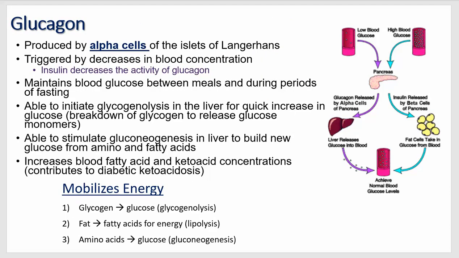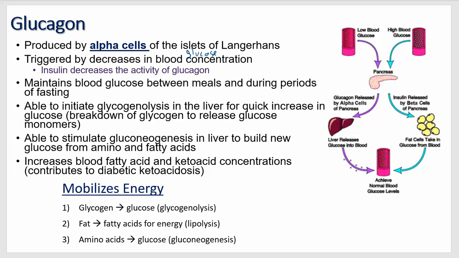Okay, so let's talk about glucagon and then somatostatin, and then we'll move on to calcium. So glucagon is produced by alpha cells of the islets of Langerhans. It's triggered by decreases in blood glucose concentration. And so it's kind of doing the opposite of what insulin was doing.